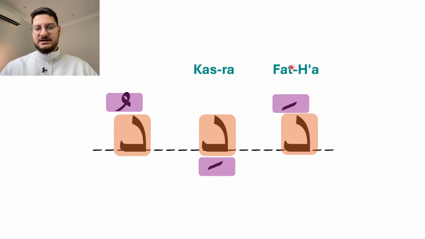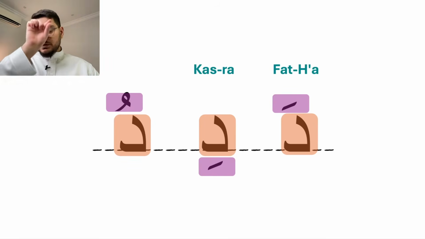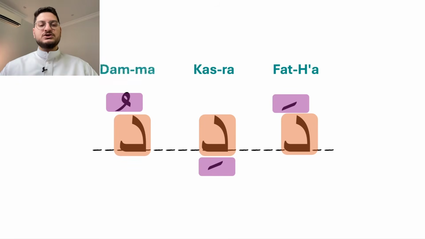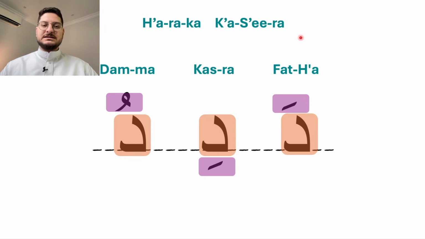So you have fatha and kasra. Finally, the small 9 on top of the letter is called dhamma. So you have fatha, kasra, and dhamma. And fatha, kasra, and dhamma are all called haraka qasira. Short vowels is the translation of haraka qasira.